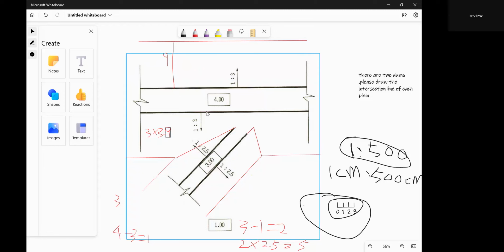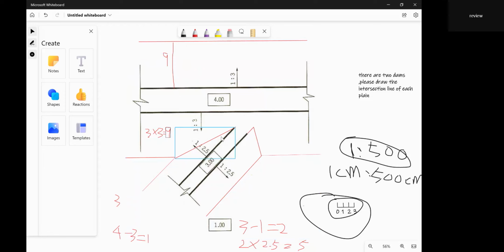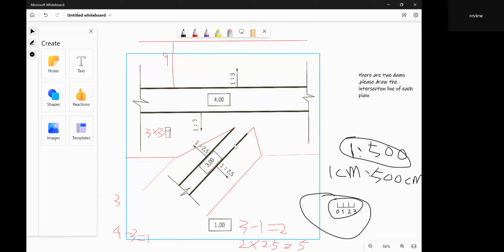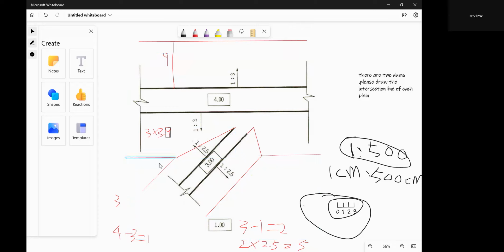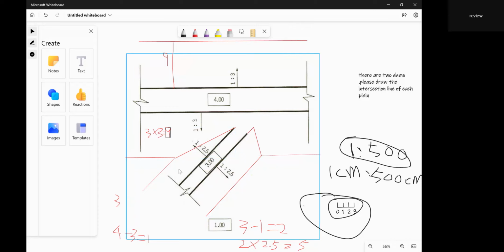The most important point is to find the intersection line of this plane with this plane, and this plane with this one. So how to get these two lines?